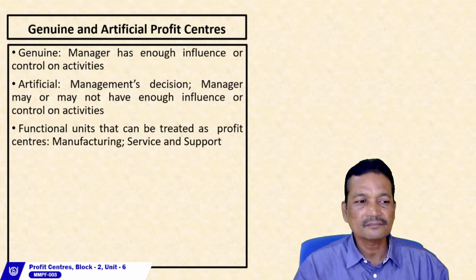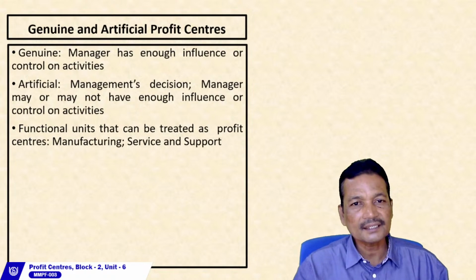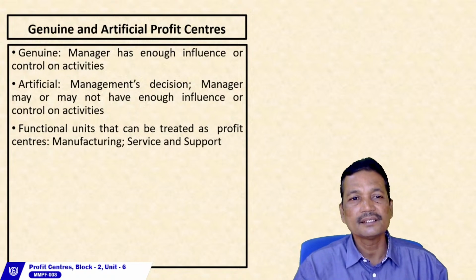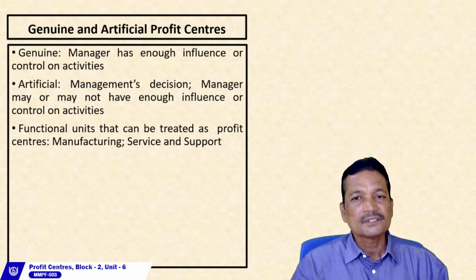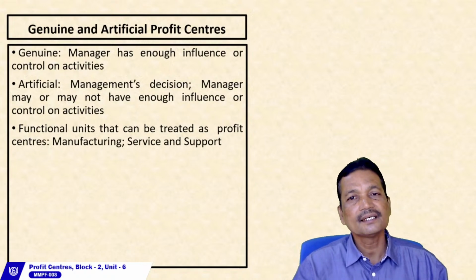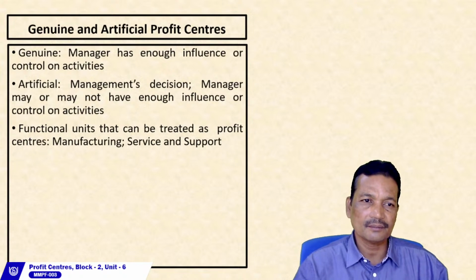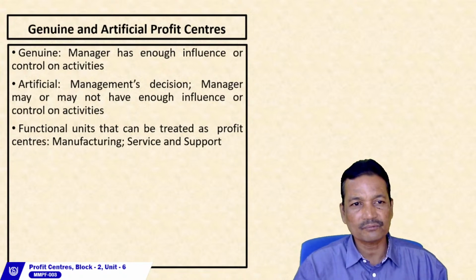Now here the manager has enough influence or control on activities of the division. The activities are separable into cost and revenue activities, and which are undertaken according to the manager's decision making of that particular profit center.